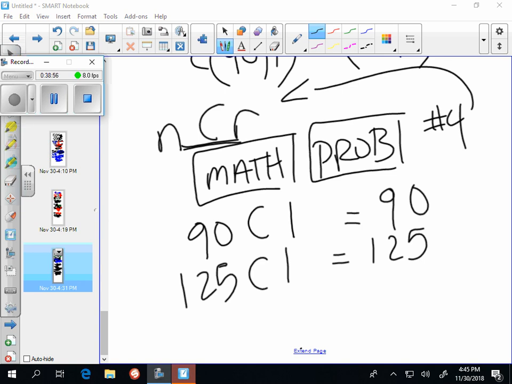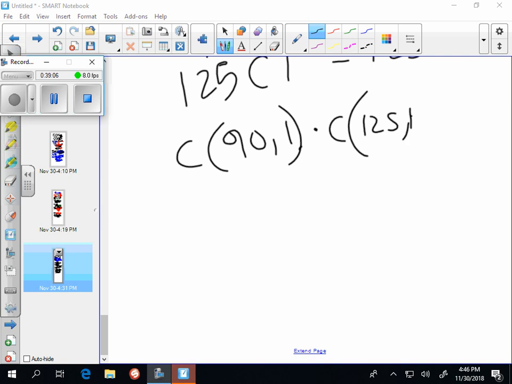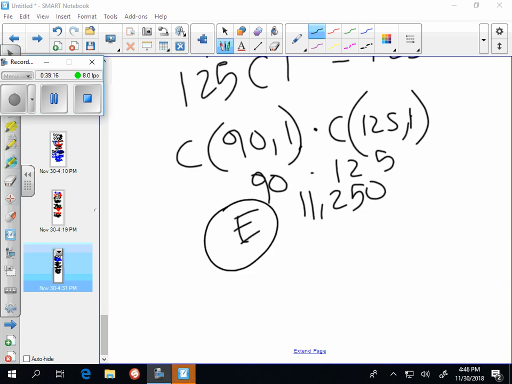Well, the answer is that I'm taking a combination of 90 choose 1 and multiplying it by a combination of 125 choose 1. So that's 90 times 125 for a total of 11,250, which is choice E for number 17.